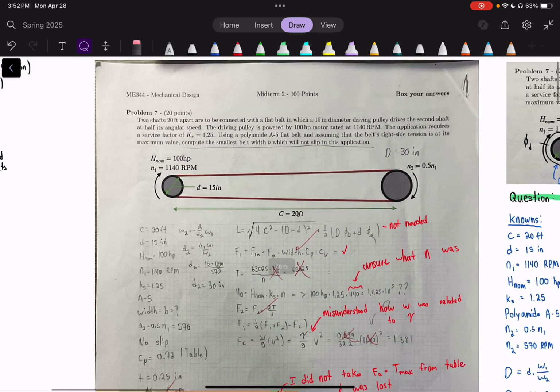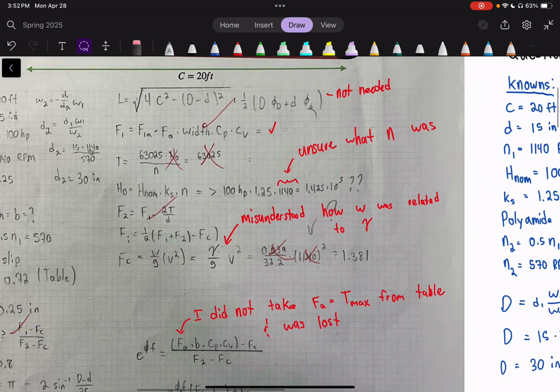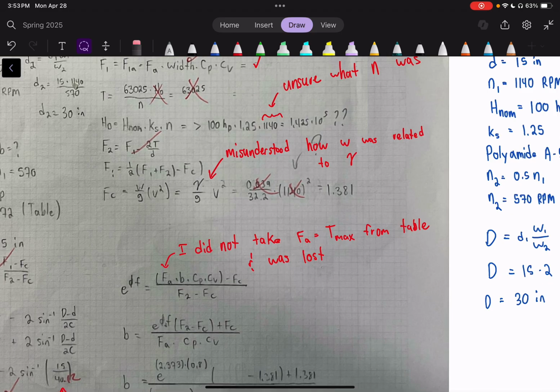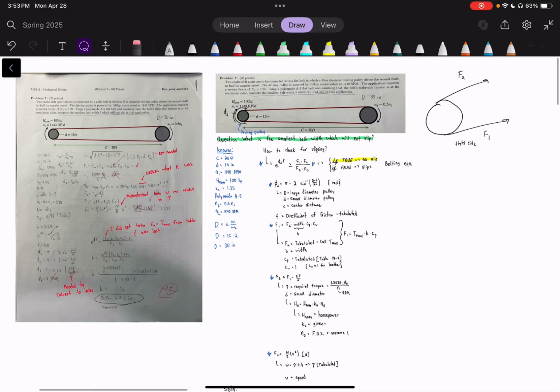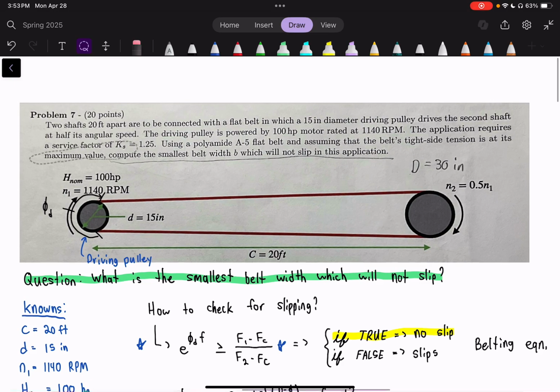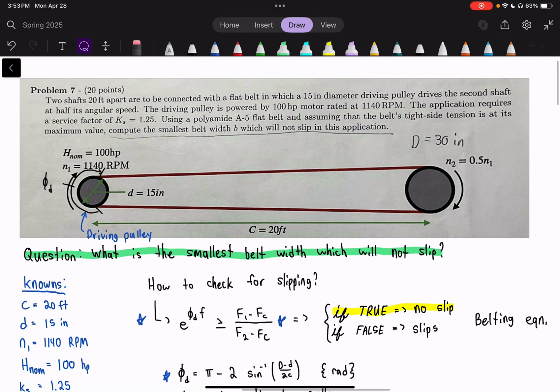And I also had some slight mix-ups with understanding how the weight was related to the specific weight. And then understanding from the example problem that the maximum value of the belt side tension is what it was at. So that is why the FA turns into that T max.